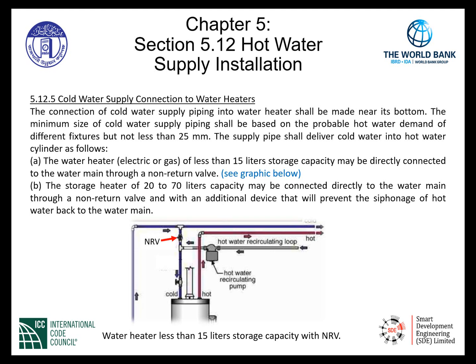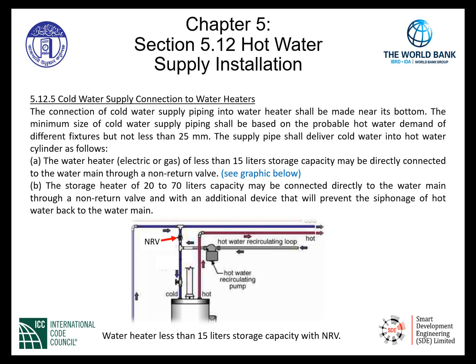The supply pipe shall deliver cold water into hot water cylinder as follows. A, the water heater, either electric or gas, of less than 15 liters storage capacity may be directly connected to the water main through a non-return valve.